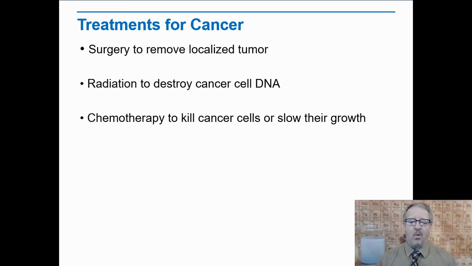So, what unintended effects might radiation and chemotherapy have? Well, if you know anybody who's been through those treatments, you probably know the answer to this. The problem with those particular treatments, they're very effective, but they're very difficult on the patient because they actually can kill healthy cells as well.